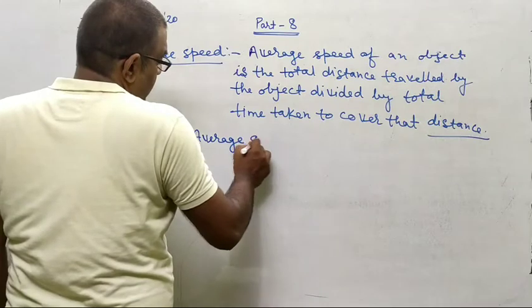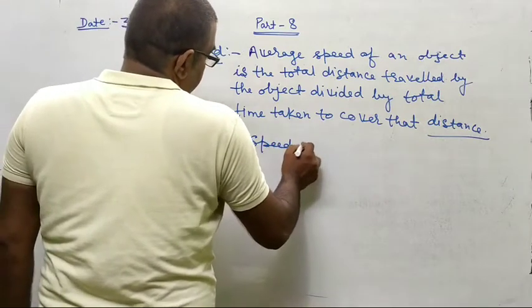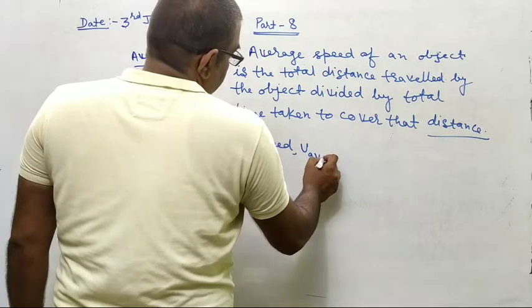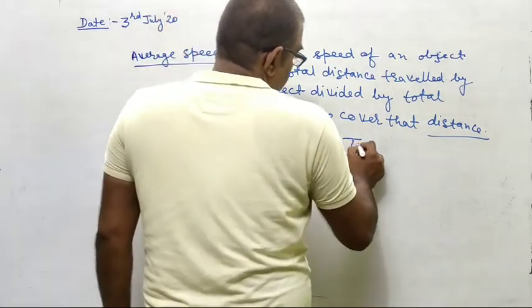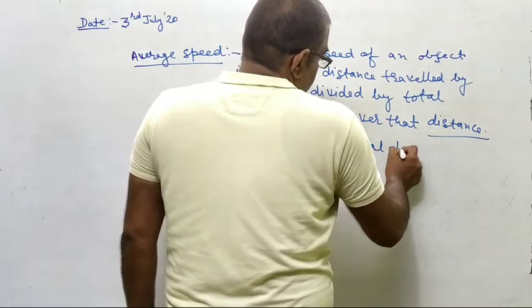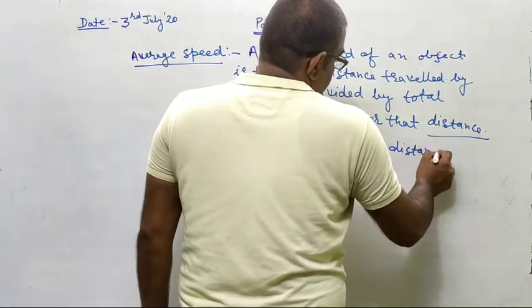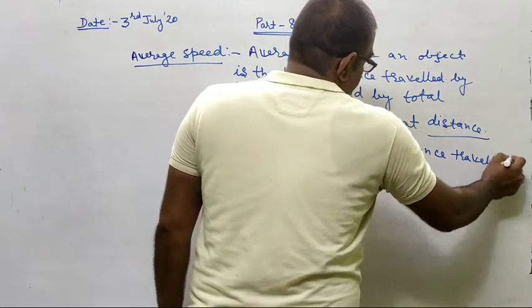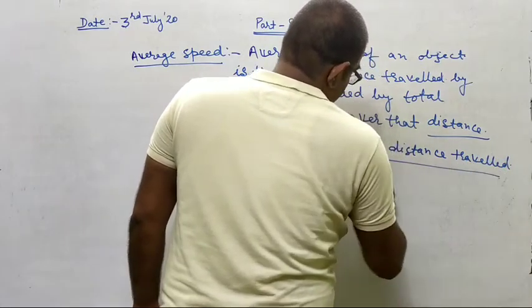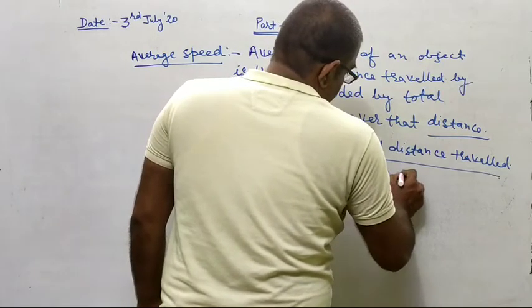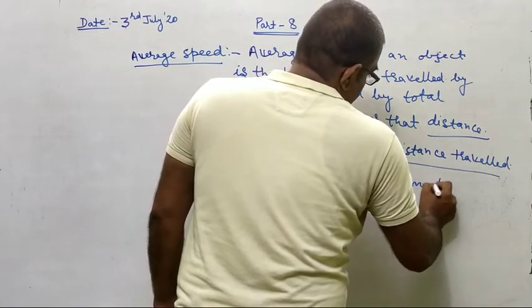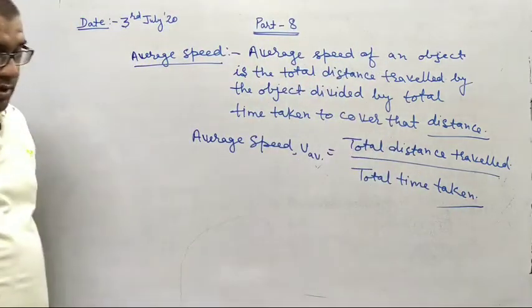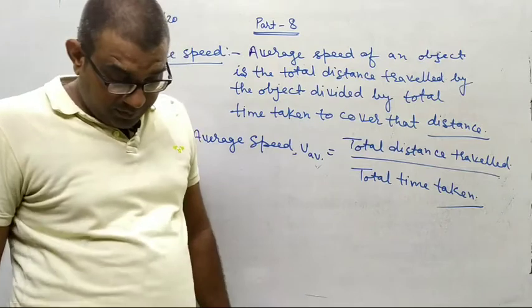Average speed, V average, is equal to total distance traveled upon total time taken.